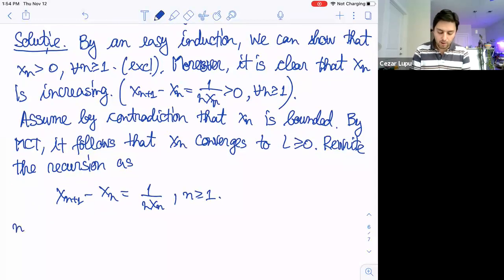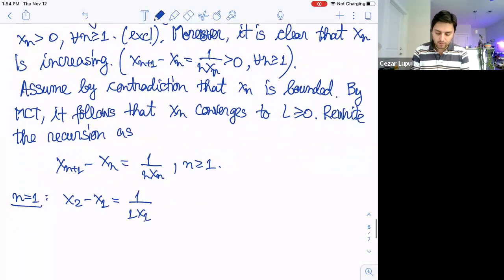So for n equals 1, we have the following. What do we have for n equals 1? We have x2 minus x1 is 1 over 1 x1. For n equals 2, we have x3 minus x2 will be 1 over 2 x2.